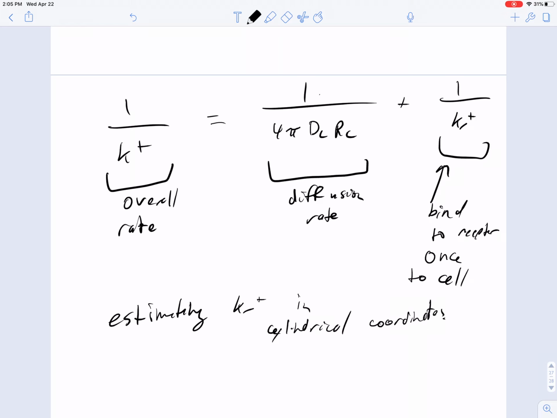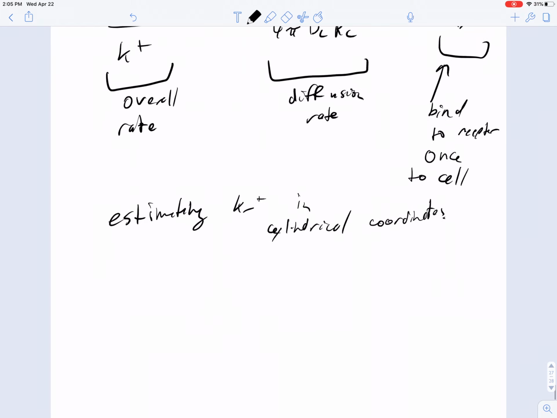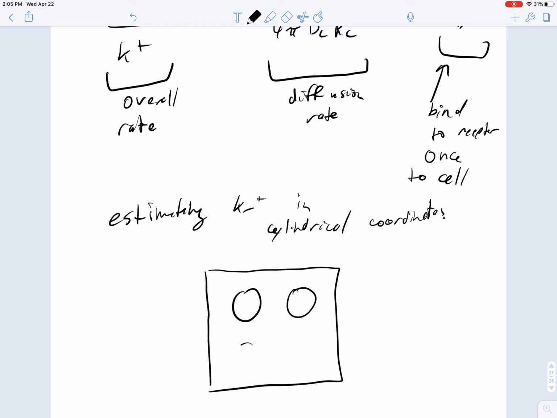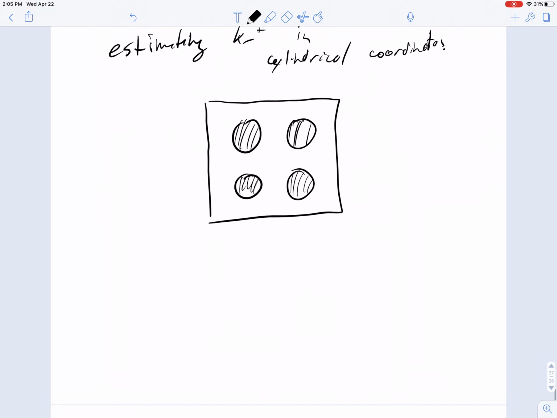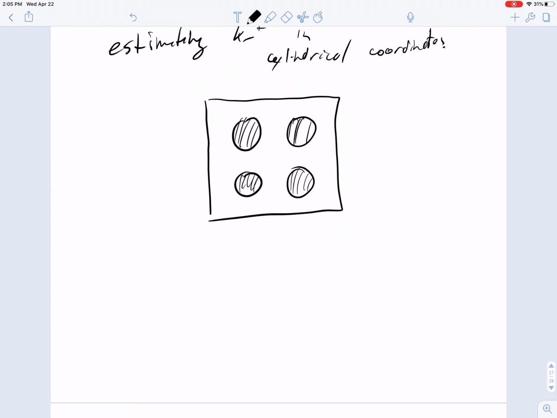If we have a top-down view of a patch of this region, we would have these receptor discs that would be spaced out in some way, and then a side view of one of those discs would look something like this, where you have a region of this surface where you have this disc.